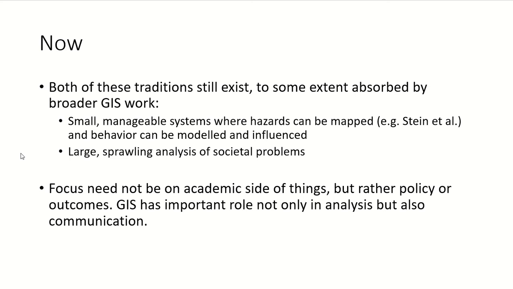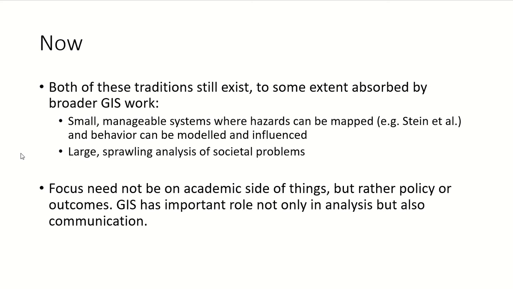The other way that GIS can be important or useful for this work is not necessarily just in the analysis, but also in the communication of findings. So especially with the human ecologists, there was the goal to influence policy. I think the structuralists have this goal too, but a lot of times when they take up the structure as something that's an influence, they're criticizing it.